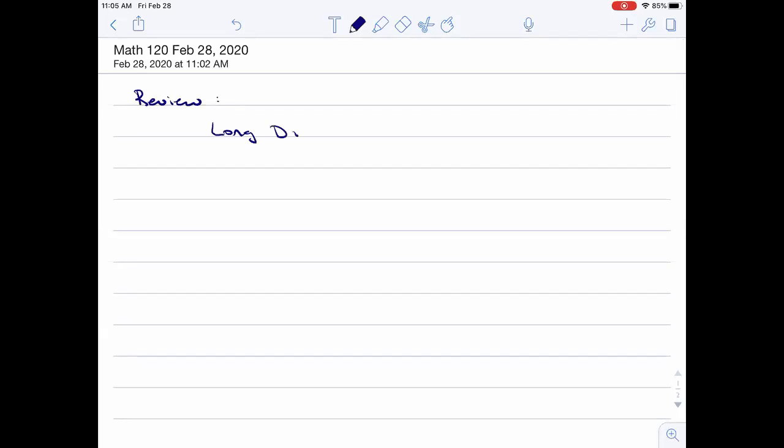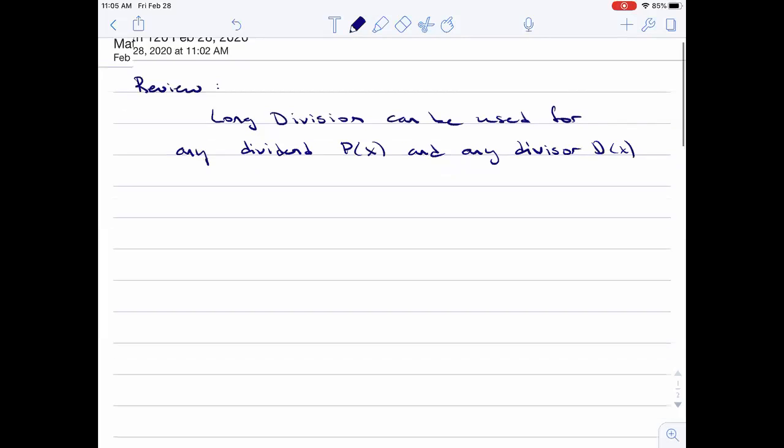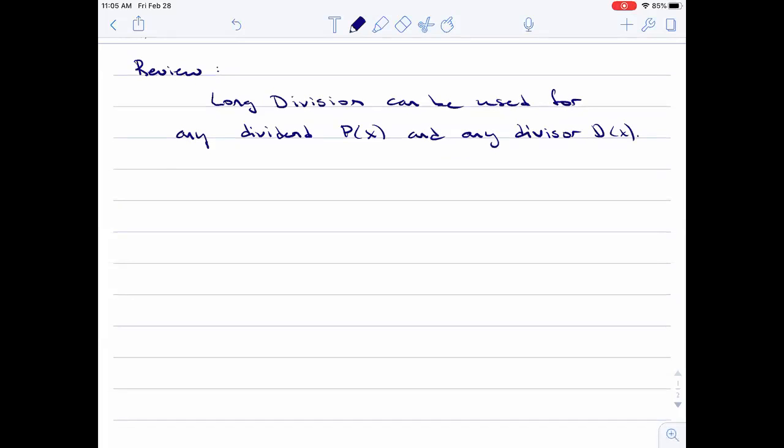Long division can be used for any dividend p of x and any divisor d of x, where q is the quotient, in something like p of x over d of x.